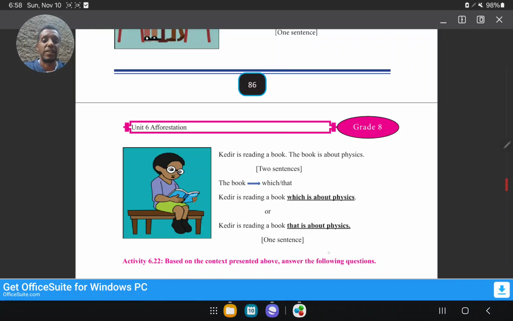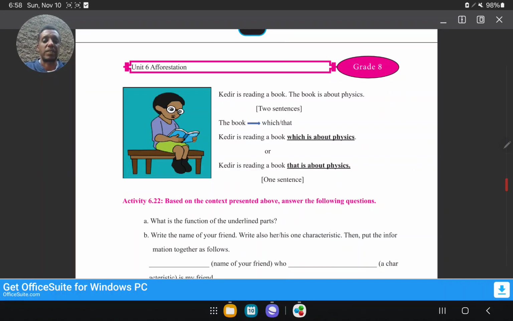1 sentence. Based on the context presented above, answer the following questions. What is the function of the underlined parenthesis? Write the name of your friend. Write also her or his one characteristic. Then put information together as follows.